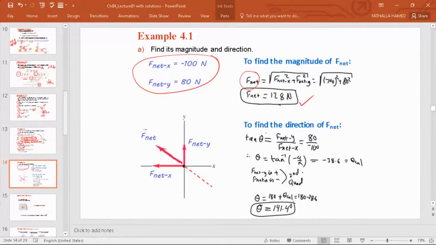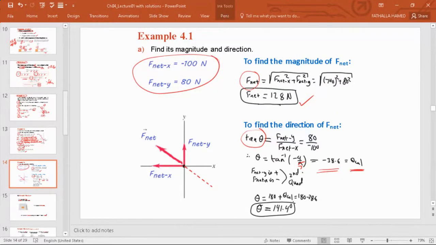Now you want to get your direction, and if we follow the definition that we did in chapter number 1, tan theta is equal to the y component of the net force, or the resultant vector, divided by the x component of the resultant vector. So you have 80 over minus 100. Theta will be tan inverse of minus 4 over 5, because of course you take out a factor of 20, and that will give you minus 38.6.